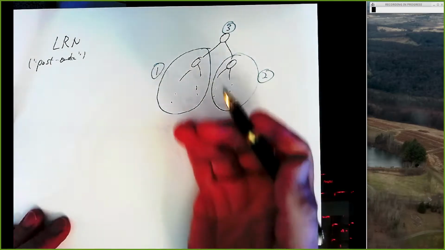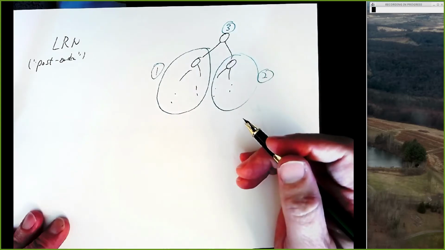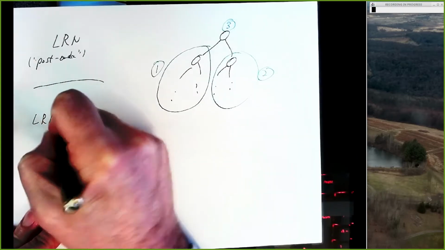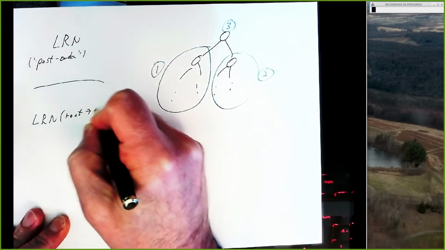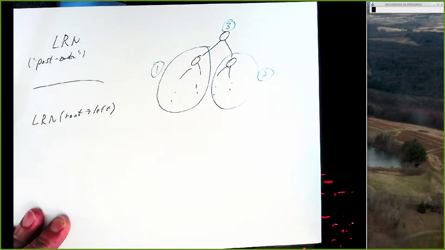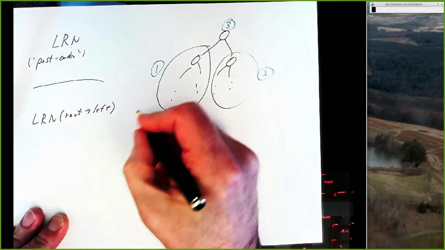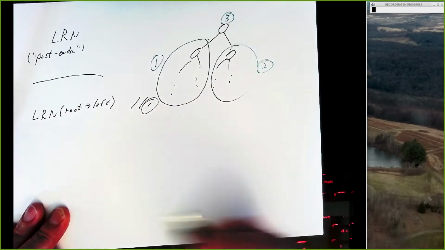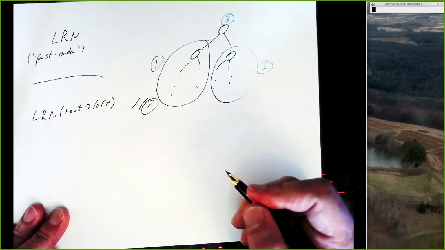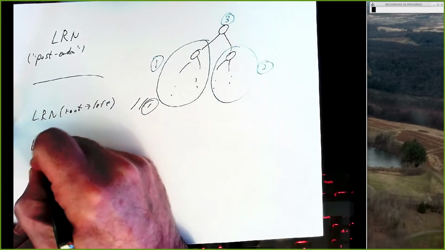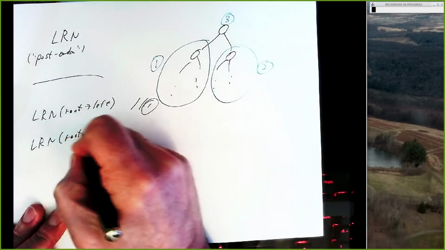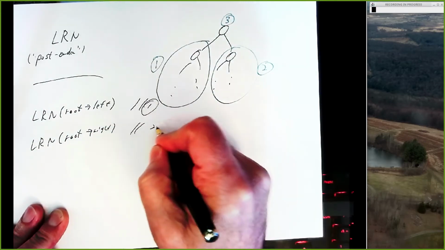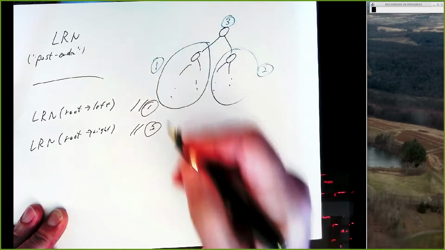So how do we print the stuff to the left of the root? Just call LRN on root arrow left, and that will take care of the entire left side of the tree. And then we need to next print everything in the right subtree, so just call LRN root arrow right, and that will print out all of this stuff.